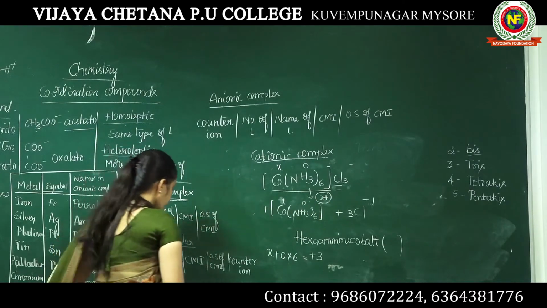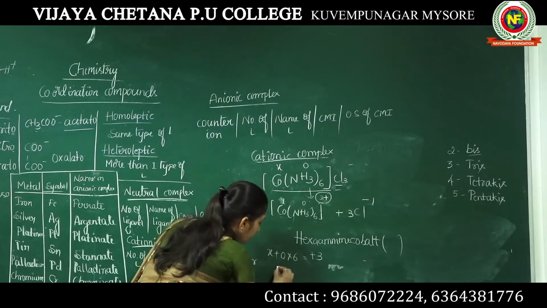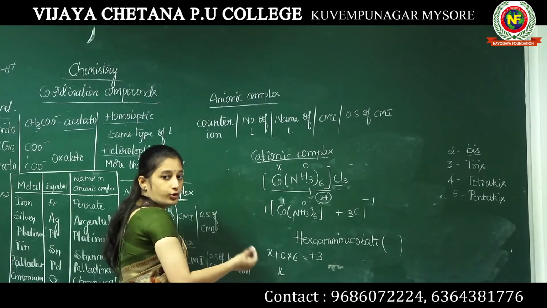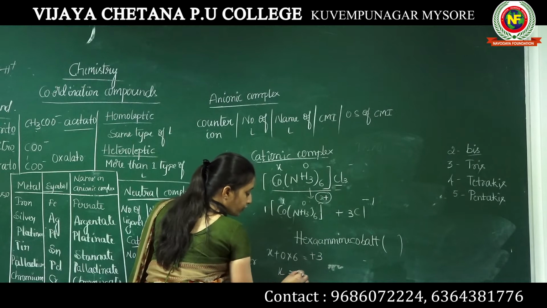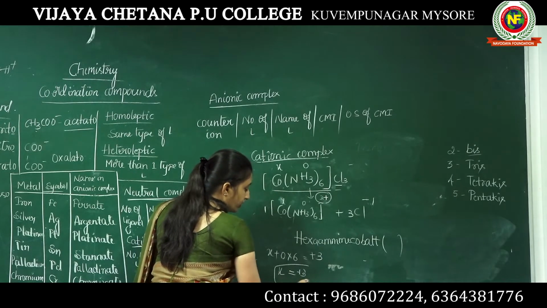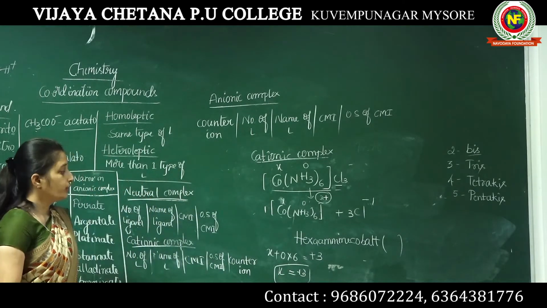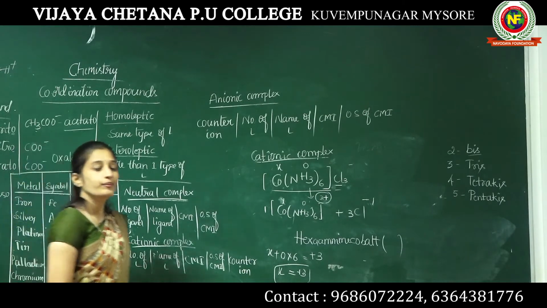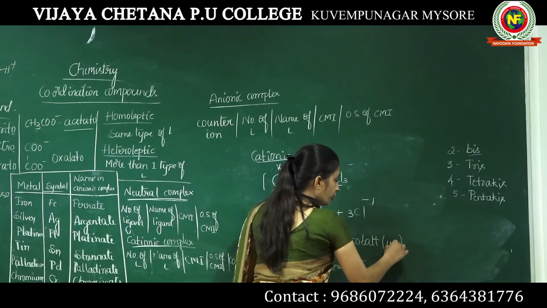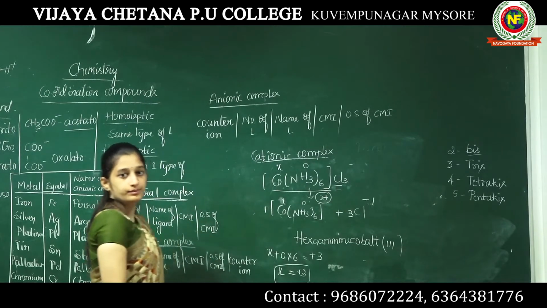So x plus 0 into anything is 0, equals plus 3. Then what is the oxidation state of cobalt? Plus 3, so Roman numeral III.